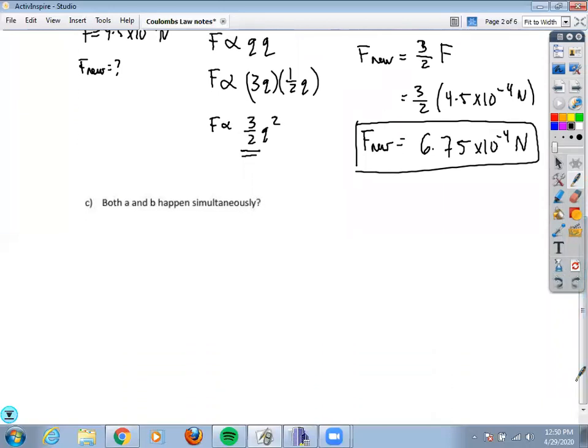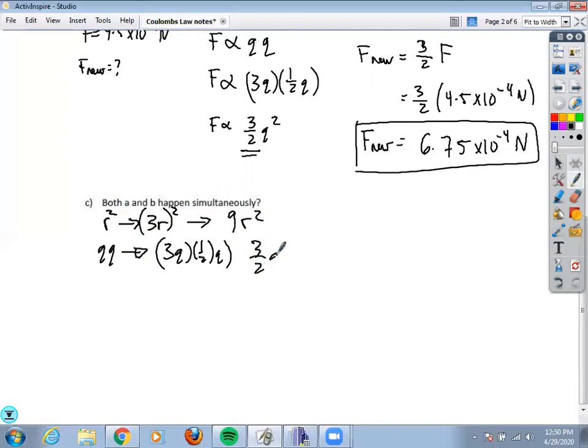So the third thing here is what happens if we do A and B simultaneously. So what happens if we triple the distance? So we go from R to 3R, and QQ goes to 3Q times 1/2 Q. Sorry, R squared goes to 3R squared, which becomes 9R squared, and 3/2 Q squared.